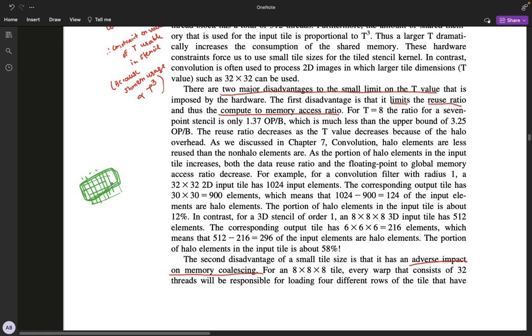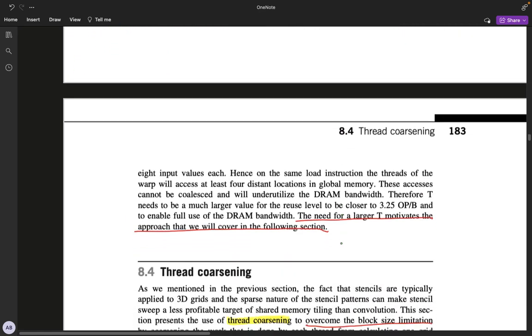When we load 4 rows, that means per warp we are making 4 separate memory transfers. Instead, if we had a 32 cross 32 block, one warp could have loaded the entire row at once. So we would have had just one global memory transfer per warp. So that is a problem.